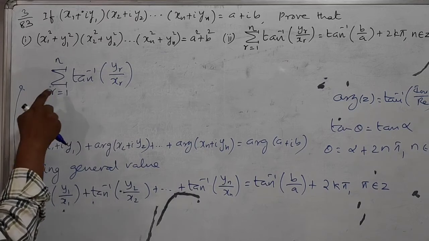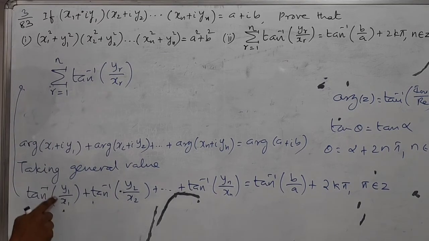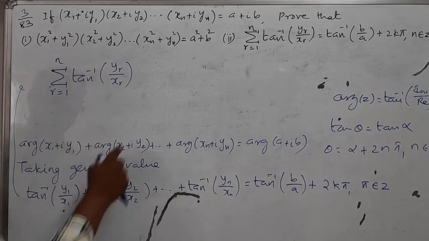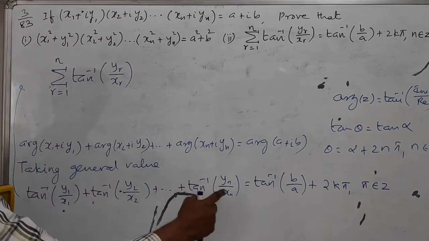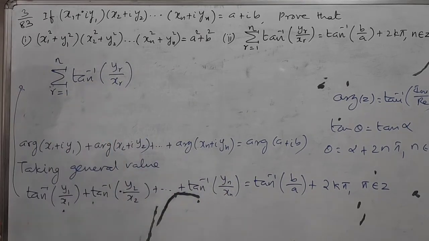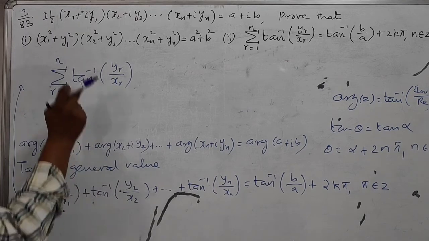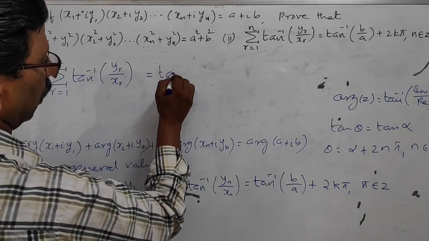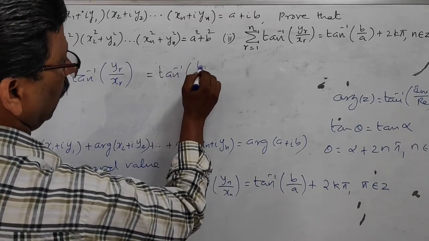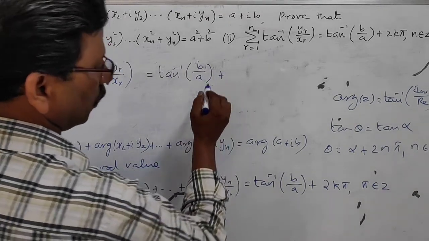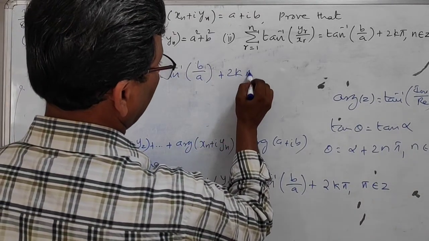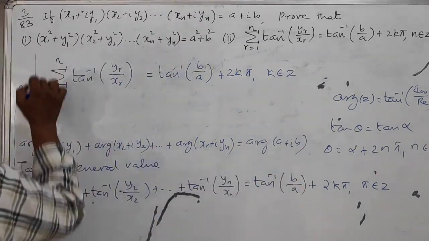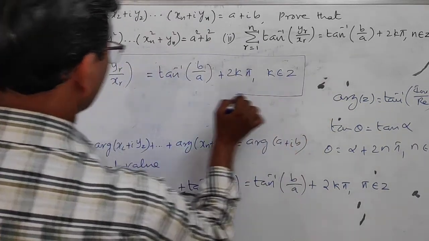If you put r equal to 1, you get tan inverse of y1 by x1. If you put r equal to 2, you get tan inverse of y2 by x2. Likewise, if you put r equal to n, you get this last term. Therefore, the left hand side can be abbreviated like this, which is equal to the right hand side, tan inverse of b by a plus 2k pi, k belongs to z. K is an integer. Now this is the required result.